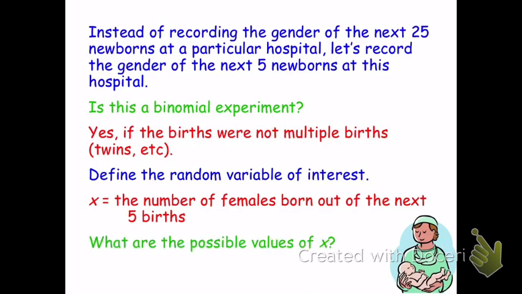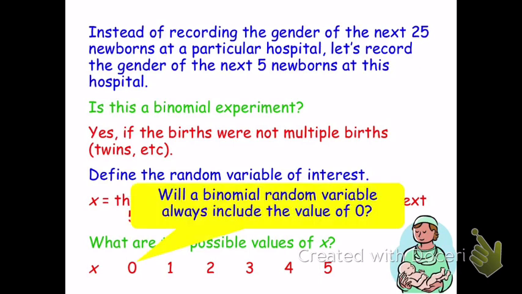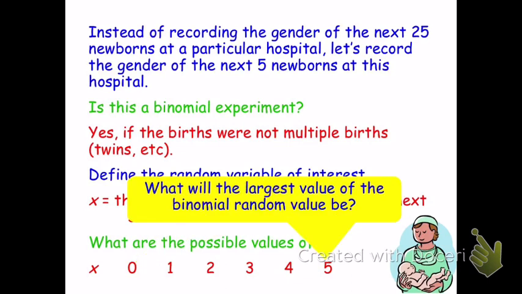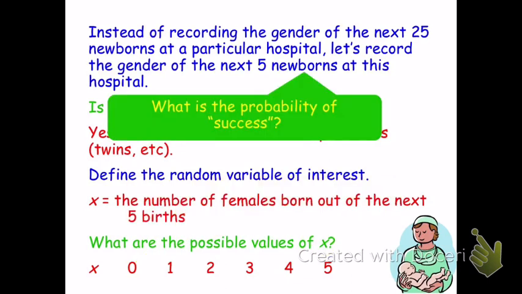What are the possible values? What's the smallest number of girls I could have out of 5? 0, then 1, 2, 3, 4, 5. It will always include 0, and then it'll always go up to the number of trials.